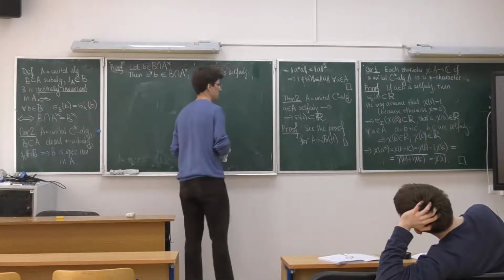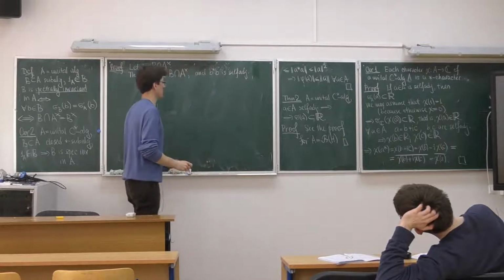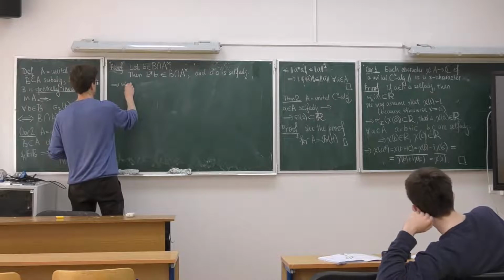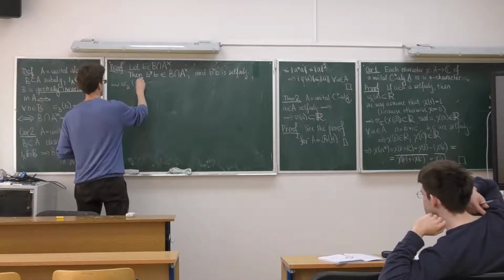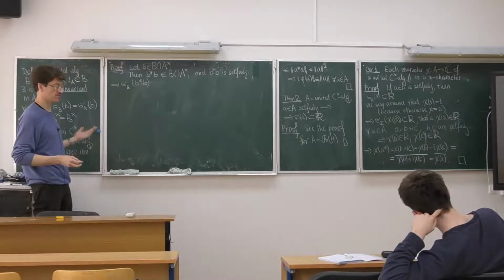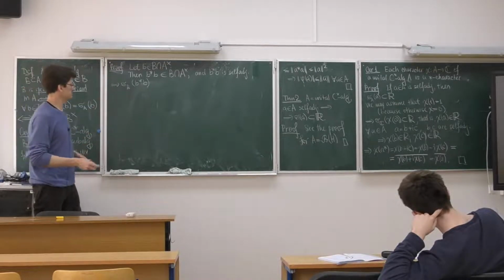So we apply theorem 2 and conclude that the spectrum of this element, and we now look at the spectrum with respect to B. B is a C-star algebra. So the spectrum is real.